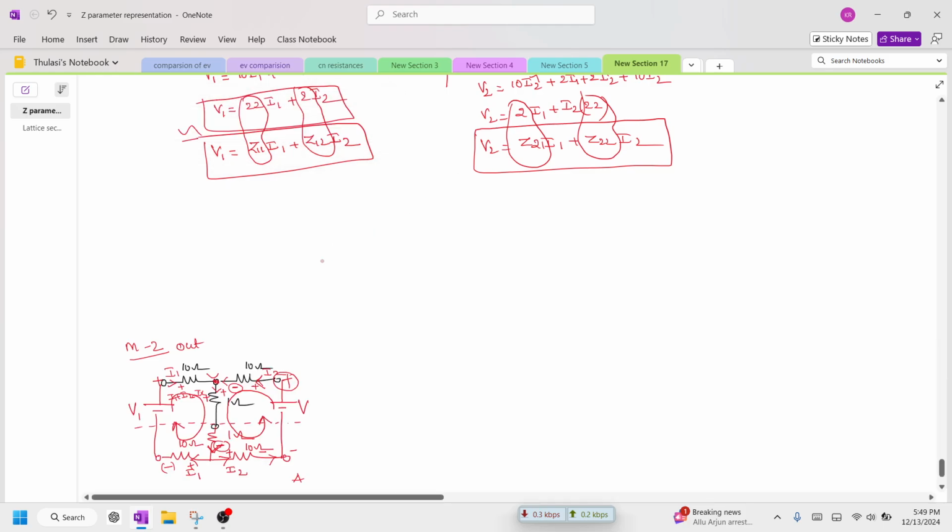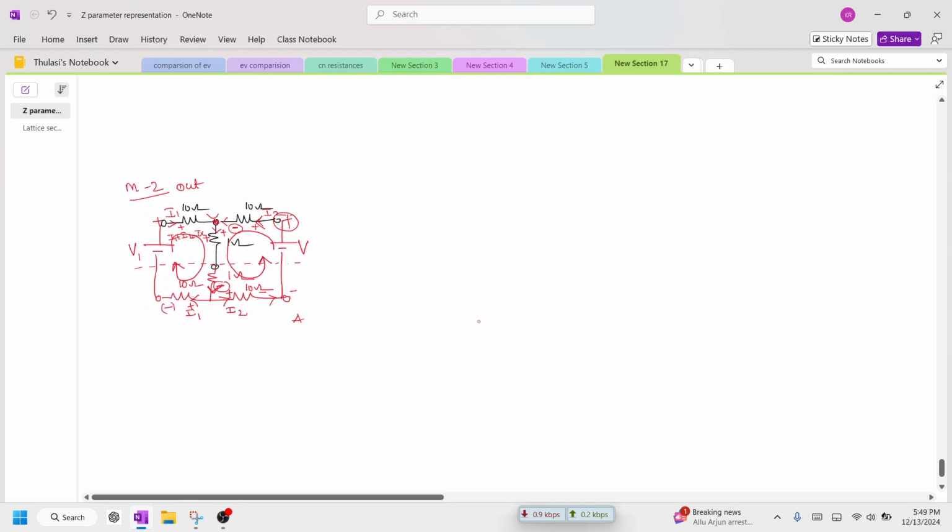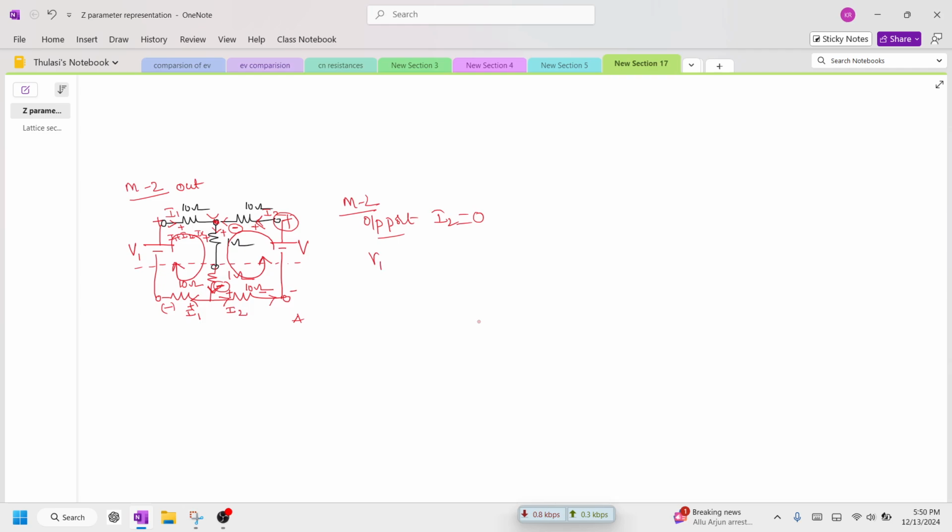Okay. So in method 2, what we are going to take is the output port is nothing but I2 equal to 0. Okay, so here we have the equations of V1 is equal to Z11 I1 plus Z12 I2 is one equation.